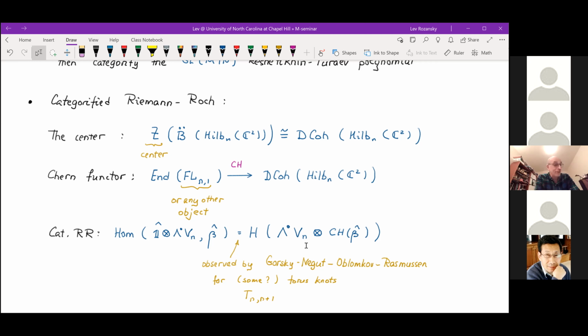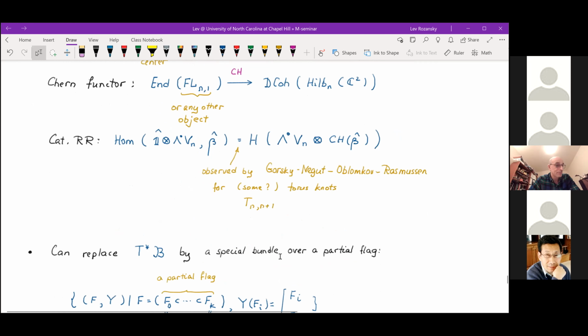Instead of Euler characteristic, you have Hom, and instead of integrating the Chern character, you take homology of the Chern functor. And this relation was in fact observed many years ago by several people in application initially to the torus knot (n, n+1), and that's what started our program.